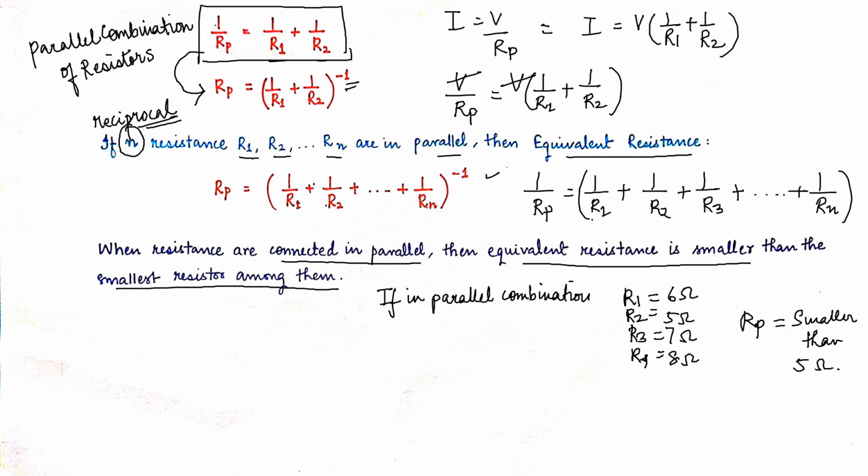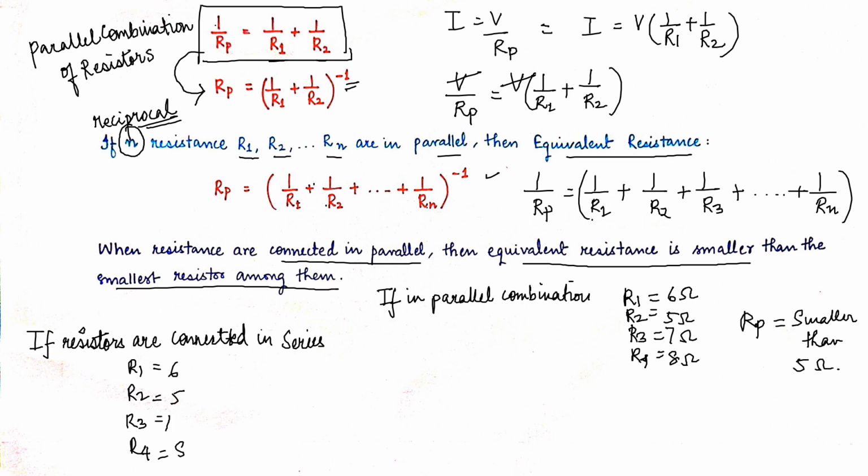But if the case is of series connection, if resistors are connected in series and we have the same R1, R2, R3 and R4 resistors having values of 6, 5, 7 and 8 ohms, then the combination of these resistors will have resistance greater than or equal to 8 ohms, bigger than the biggest one.